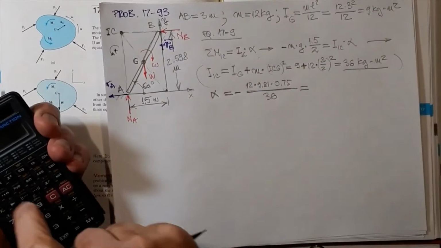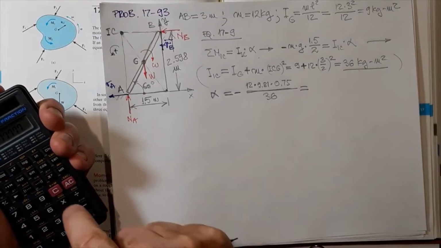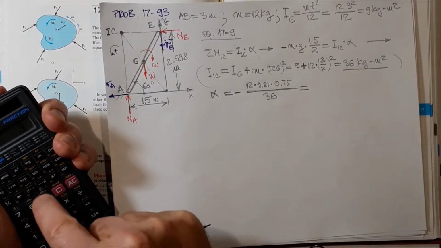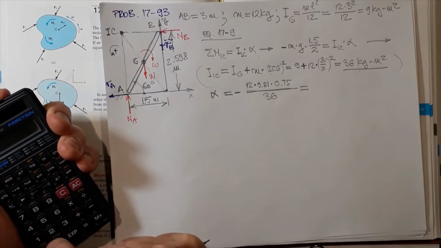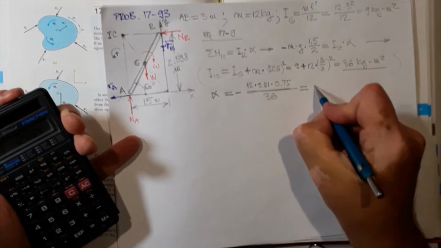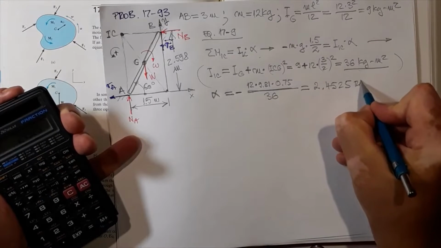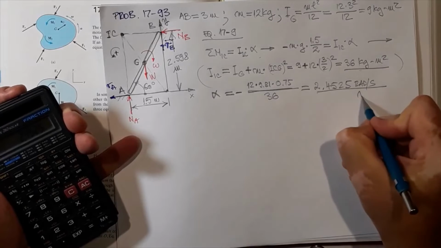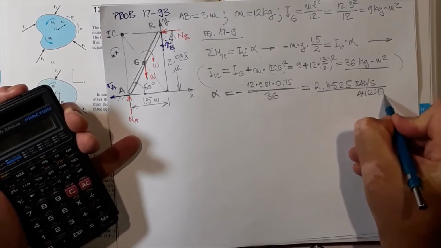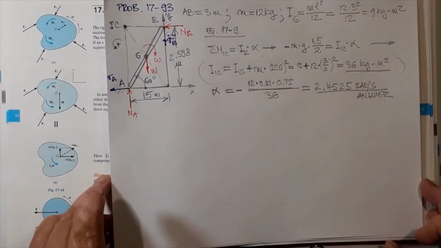That equals 2.4525 radians per second squared. Answer. So we solved part 1 of the problem, but it's not enough.